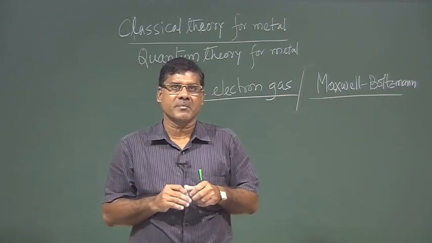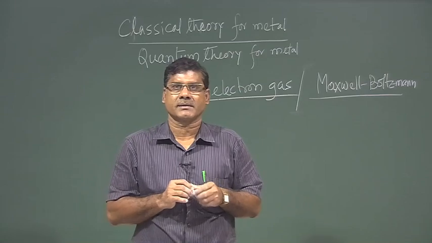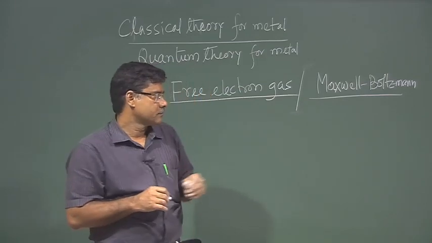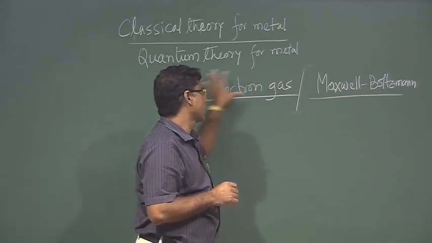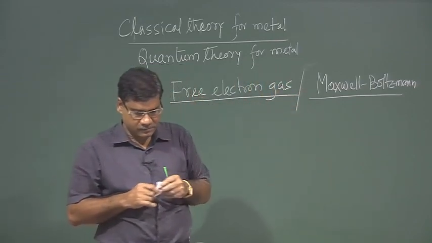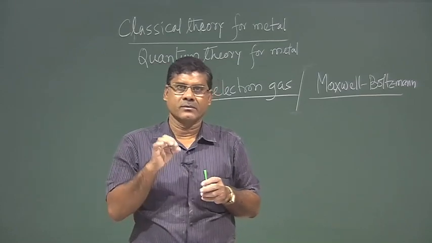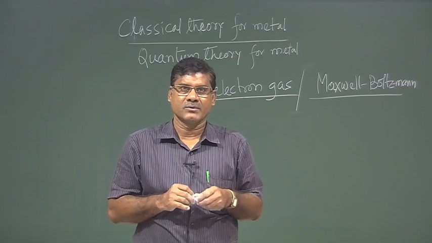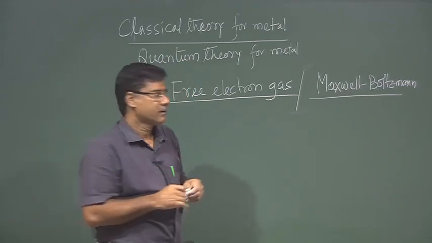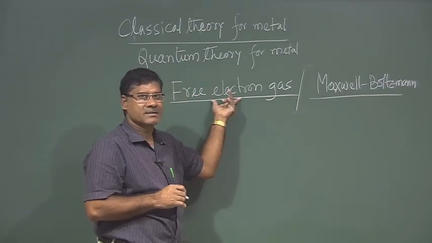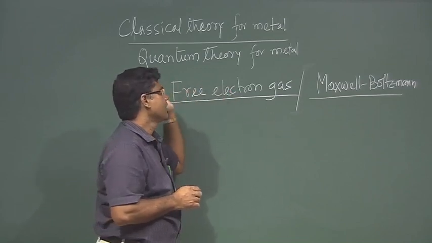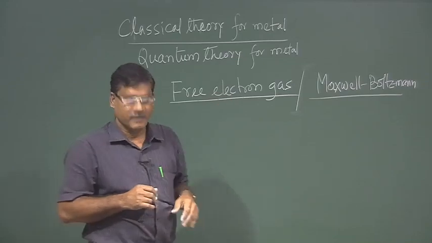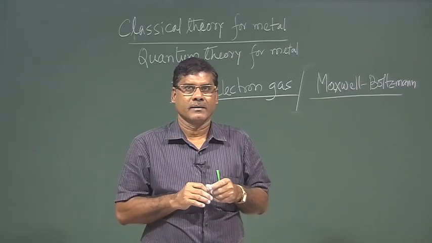But if you consider 0 temperature, then all electrons will try to go to the lowest energy level, to minimize the energy of the system. So, thus this classical statistics allows all electrons to go to the lowest energy. Okay.